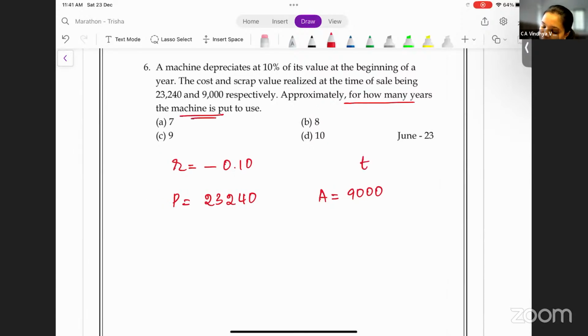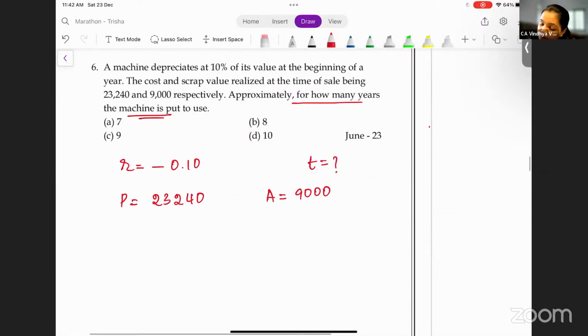That means you have to find the value of T. Nowhere in the question it has been mentioned that it is simple interest, which means that it is a question of compound interest, right? And nowhere has the type of compounding been mentioned, which means that it is annual compounding, which is R is equal to I and T is equal to N.